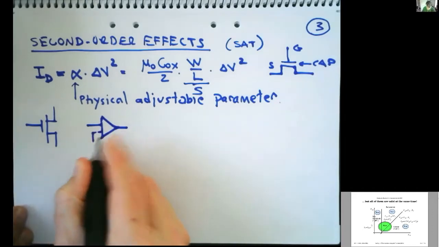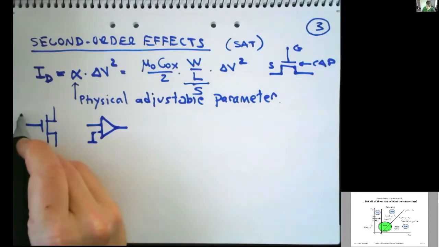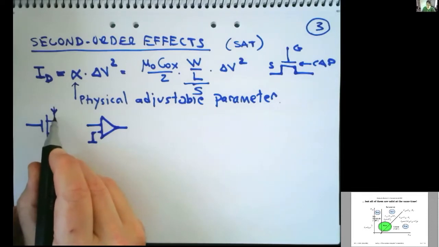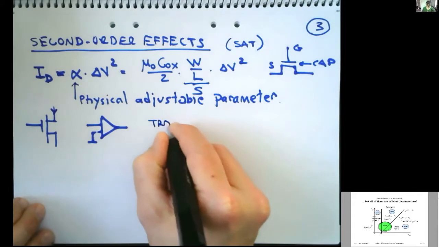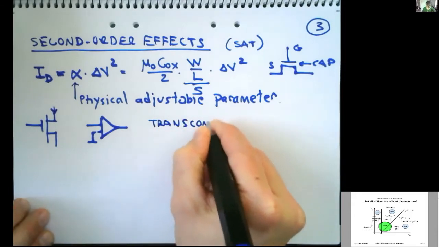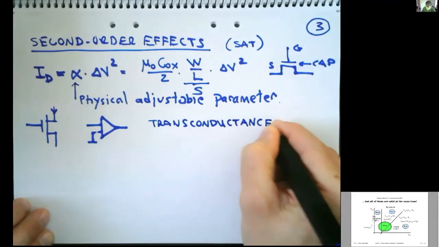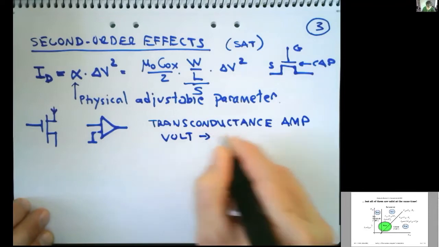Maybe if we want to, we could have a sort of reference here. So I'm going to put a voltage here, and I'm going to amplify it to a current in this particular case. So the transistor is a transconductance amplifier, is the nomenclature. Transconductance amplifier, so from volts to amps.